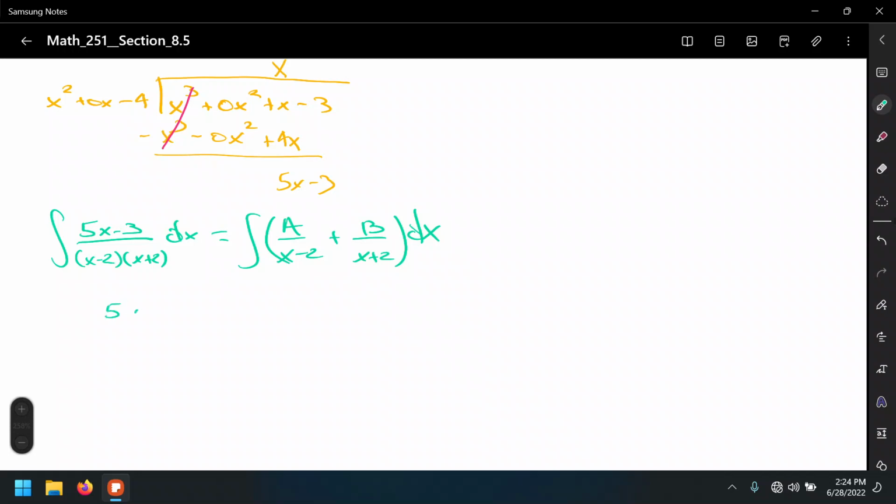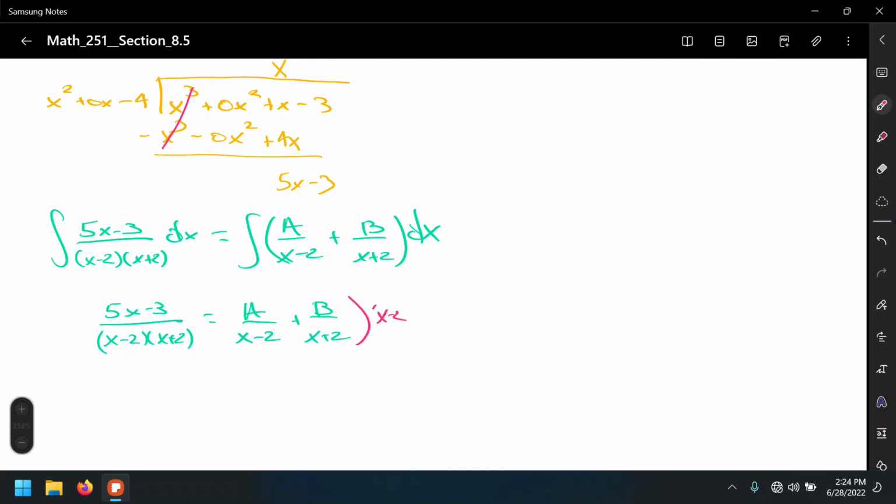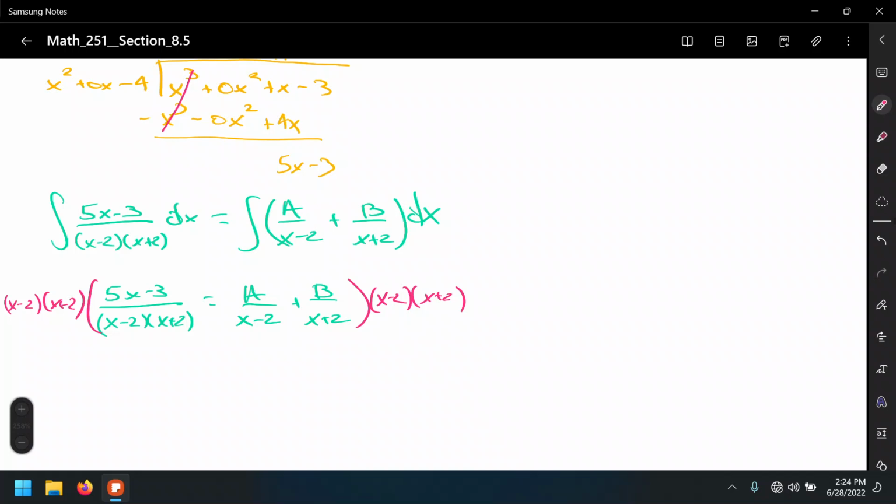So 5x minus 3 over x minus 2, x plus 2, that's a over x minus 2 plus b over x plus 2. And let's multiply by the least common denominator, which in this case is x minus 2 times x plus 2. Simplifying the left side should give us 5x minus 3, because everything cancels.